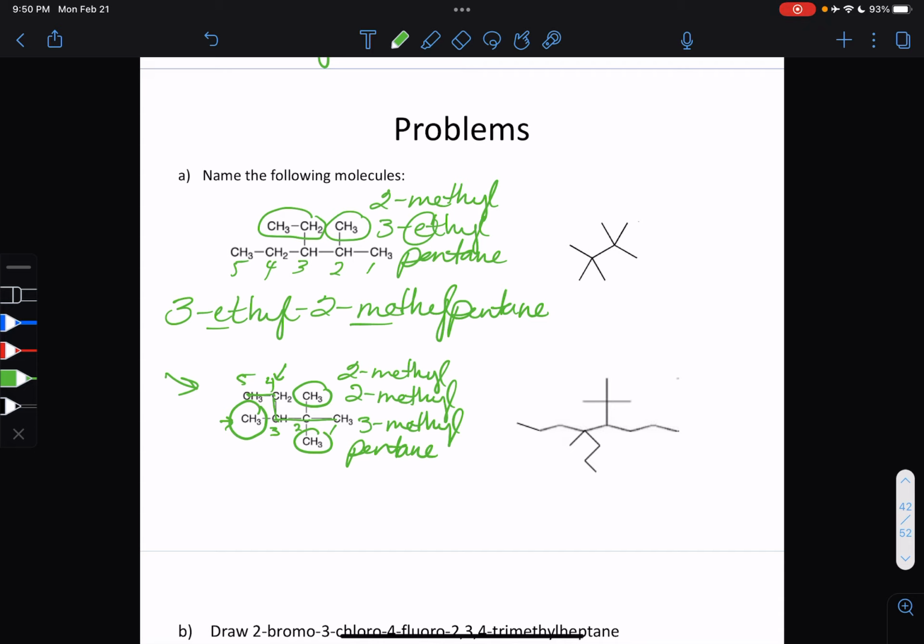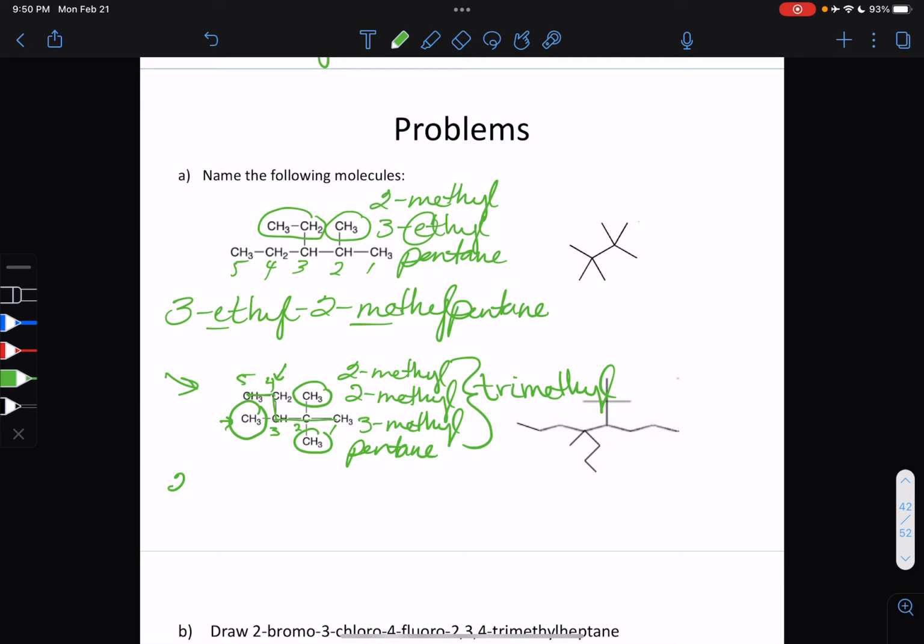Okay, so how are we going to put this together? Well, they're all methyls, so that's going to be trimethyl. And if you've got 3 branches, you need to have how many numbers? You need to have 3. So would we do 2-methyl, 2-methyl, 3-methyl pentane?